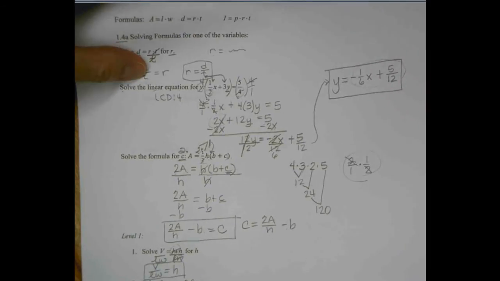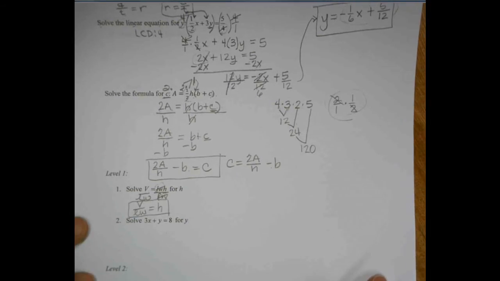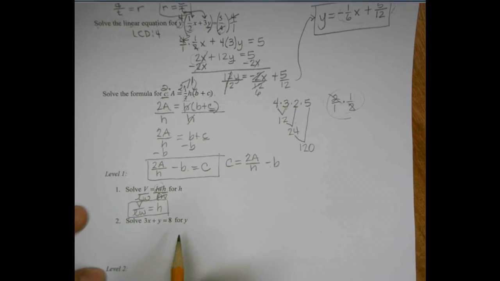Now, my next one, I can slide this up a little bit. I want to solve for the y. So I want to move this whole term to the other side. Since it's addition, I need to think, is it a positive 3x or a negative 3x?